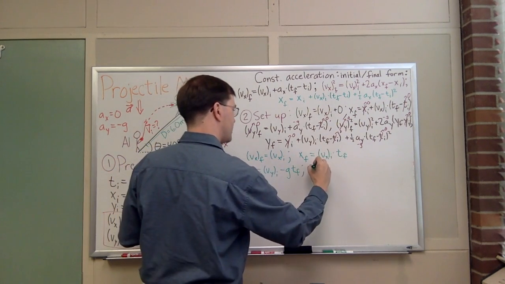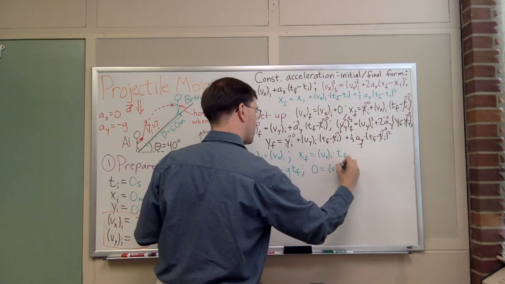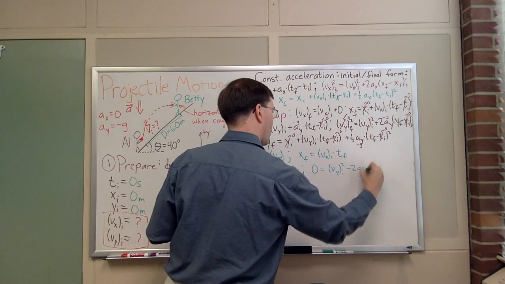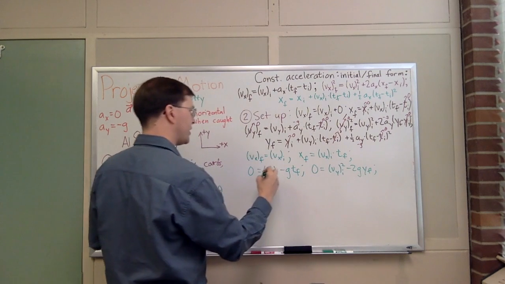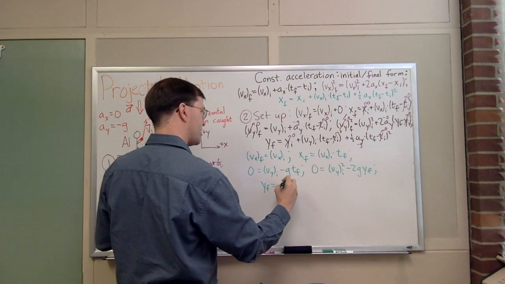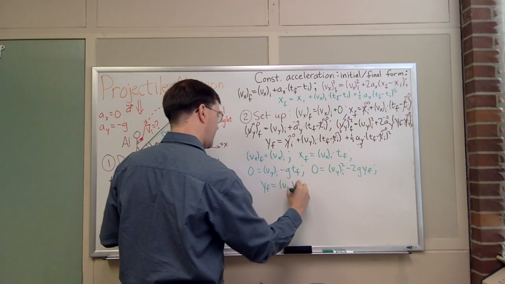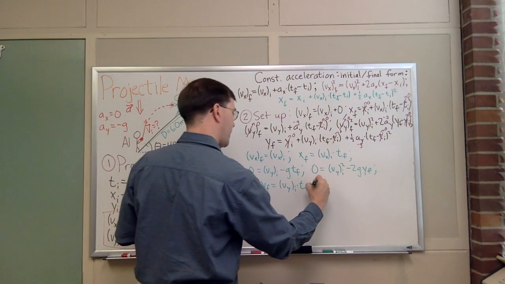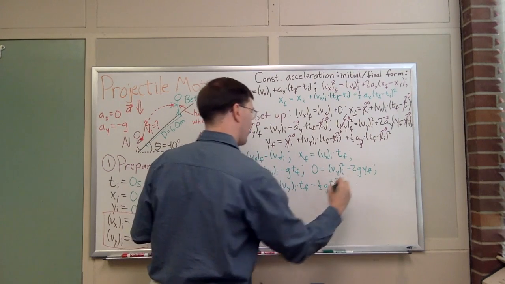I've got 0 equals Vy initial squared minus 2g y final. And finally, I've got y final equals 0 plus Vy initial times t final minus 1/2 g t final squared.